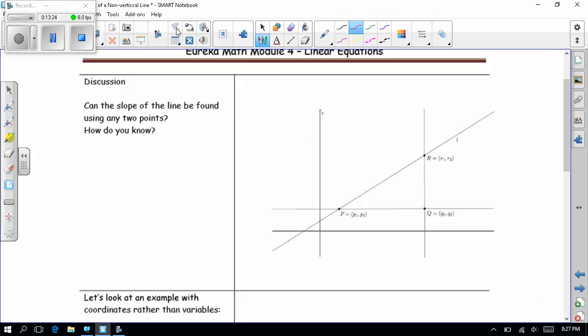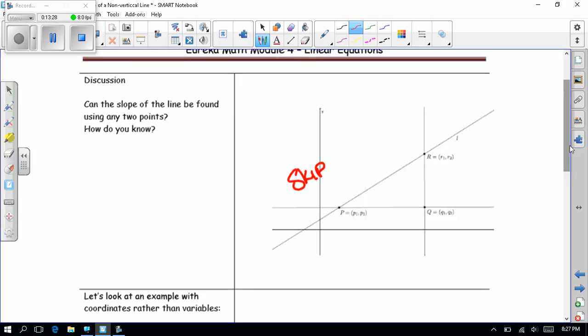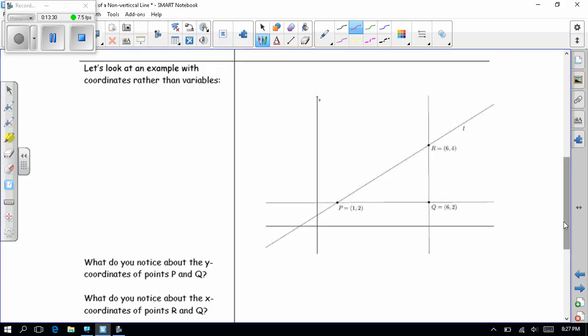So we're going to skip that part of the lesson for now, and we're going to come down here where we have some numbers, and we're going to do the same thing, but we're just going to do it with numbers instead of the letters. So here we've got P, and here we have R, and they're saying P is at 1, 2, and R is at 6, 4. And they're giving us a Q here at 6, 2.